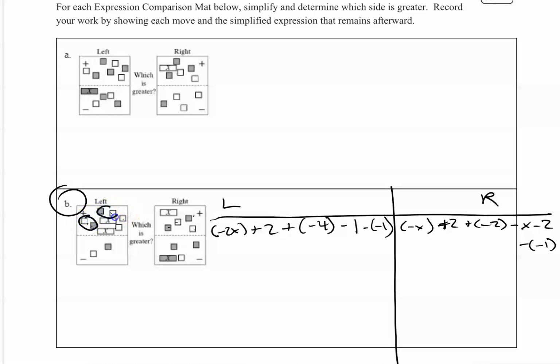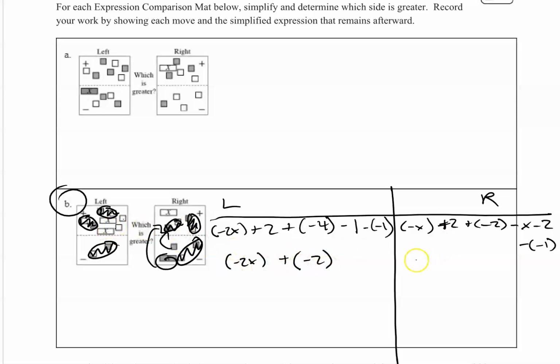I like doing the zero pairs first. Cleans things up a lot. Those are zero pairs. These are zero pairs. So a lot of this stuff zeroes out. And then on the right side, I'm going to flip these to the positive region. So let's see. On the left side, we've got -2x plus -2.